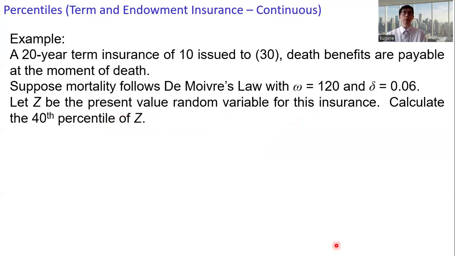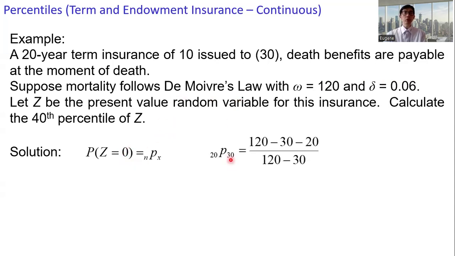Let's take a look at an example. A 20-year term insurance of 10 issued to an individual at age 30. Death benefits are payable at the moment of death. Mortality follows the De Moivre's law, omega 120, delta 0.06. Calculate the 40th percentile of Z. One approach, we get the probability that Z is 0, which is npx.